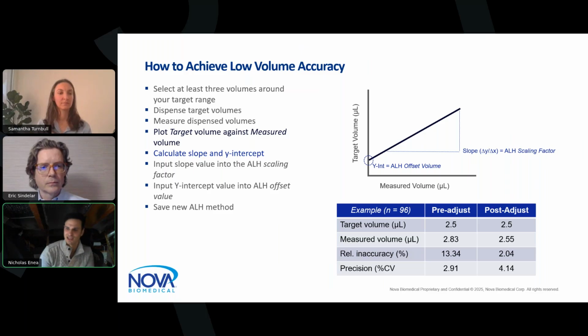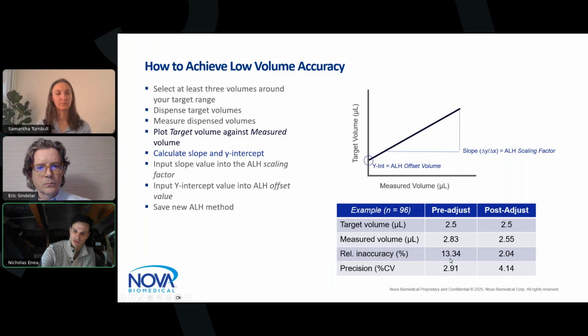This is an example of one of our genomics customers who was trying to dial in a 2 microliter dispense. We used the MVS to adjust the slope and the offset to improve their precision and lower the relative inaccuracy.